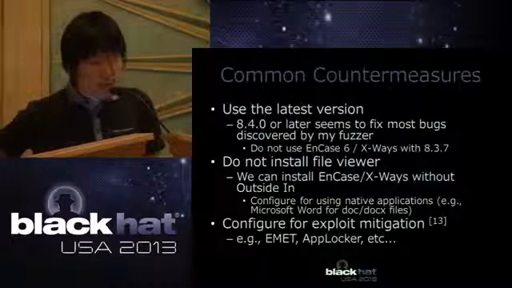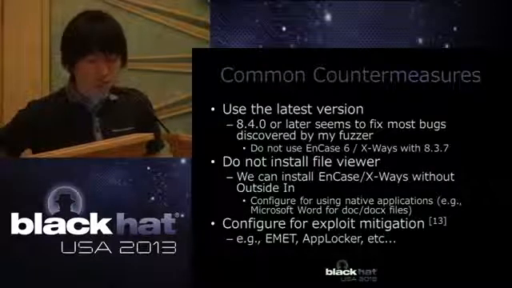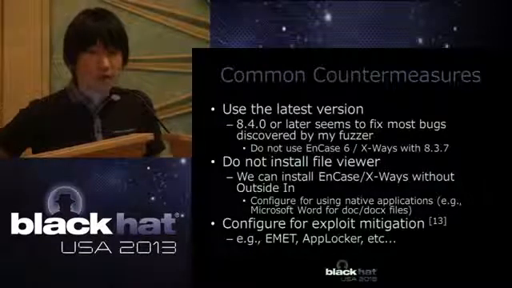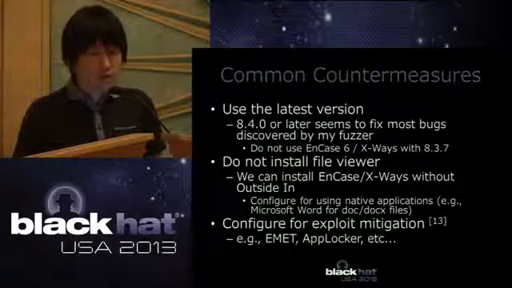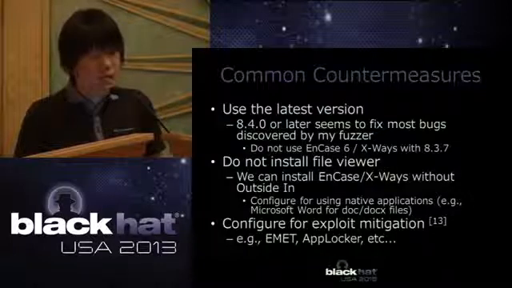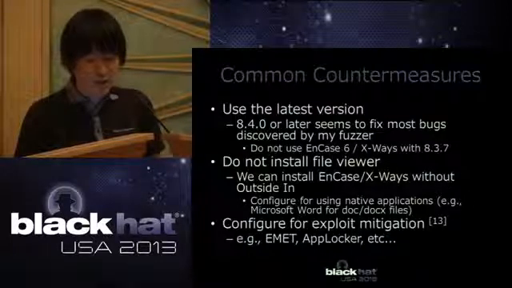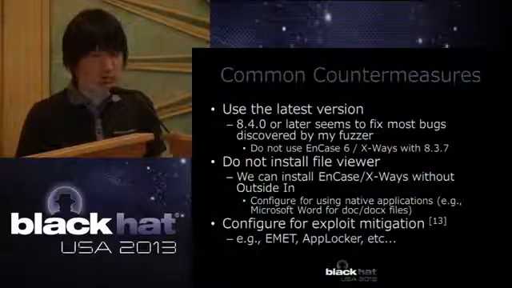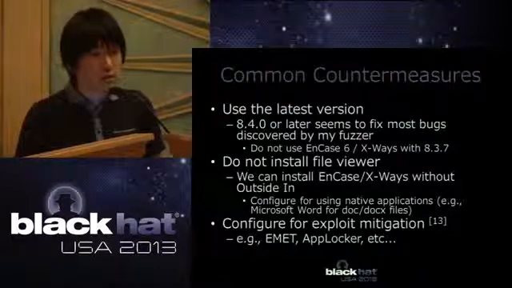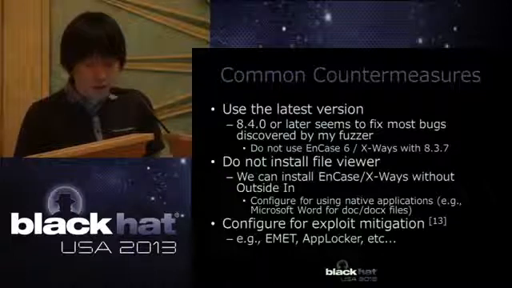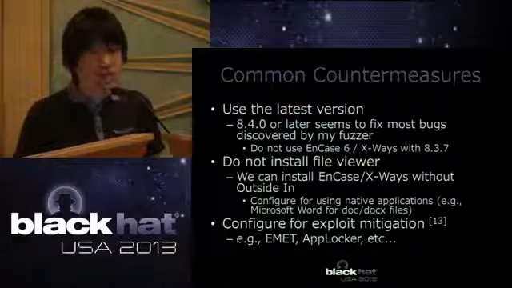As a common countermeasure, I recommend using the latest version of Outside In. Because 8.4.0 or later probably seems to fix all bugs except the infinite loop DoS bug discovered by my father. If you want to use EnCase 6, you can choose an installation without file viewer.